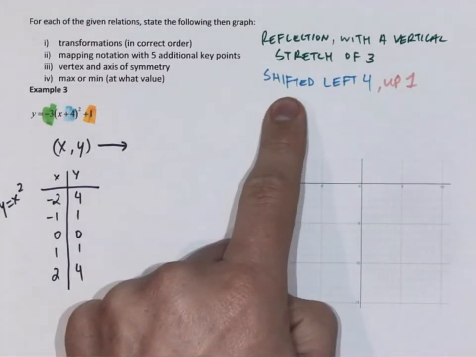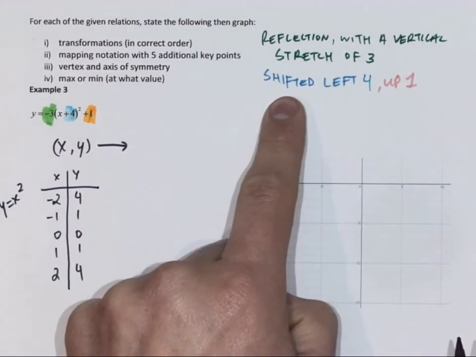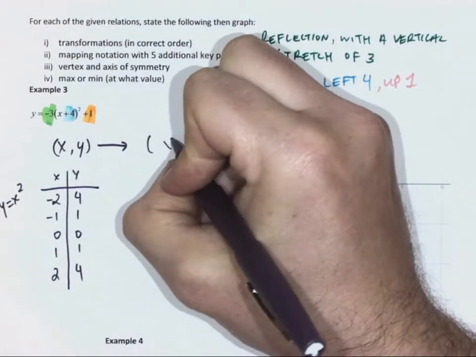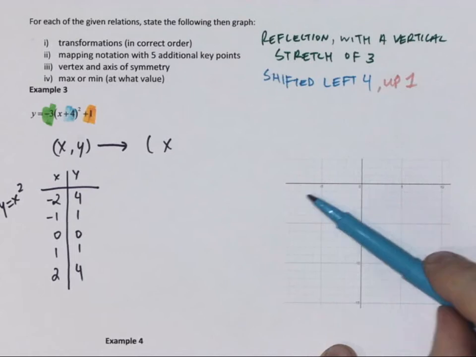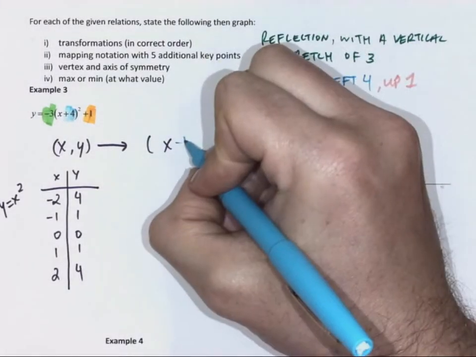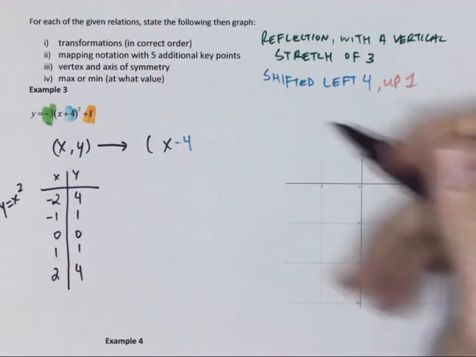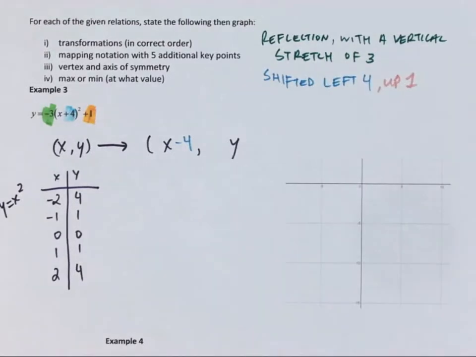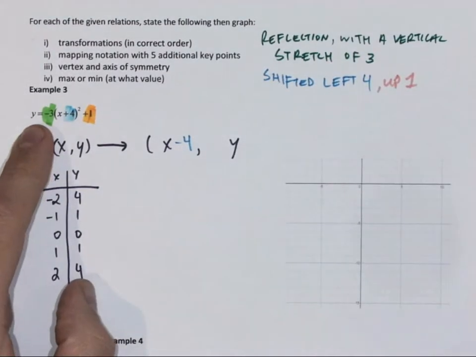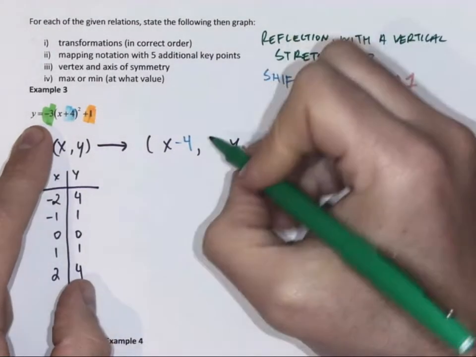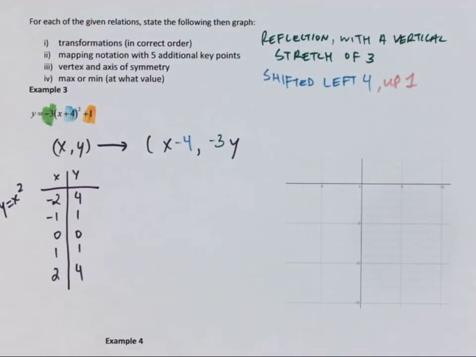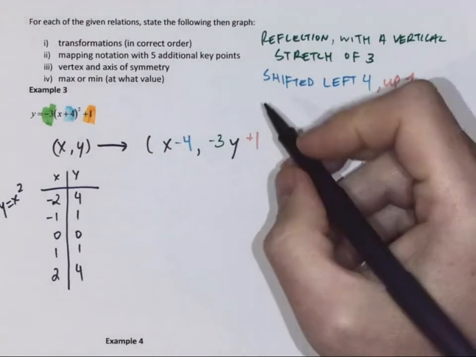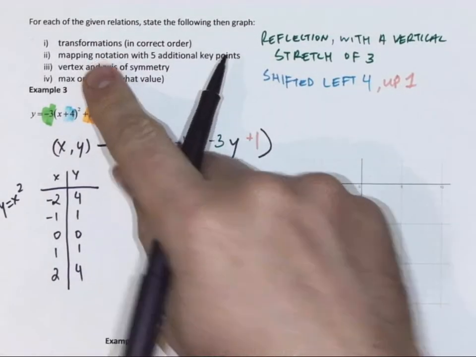Only the shift left or right affects the x values. So shift to the left means we're going negative 4 units. Our y, the reflection to make it open down, and our stretch affects the y, so it's negative 3 times y, and then we're going to add 1. So that's our mapping notation.